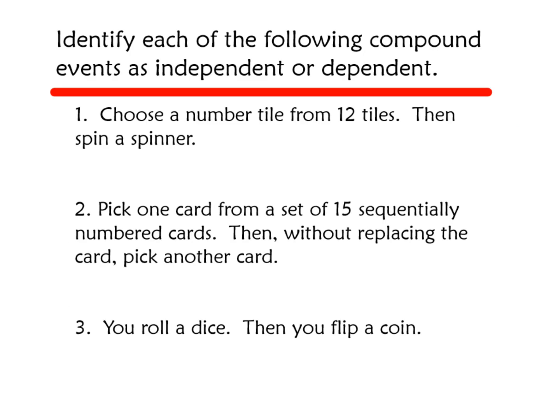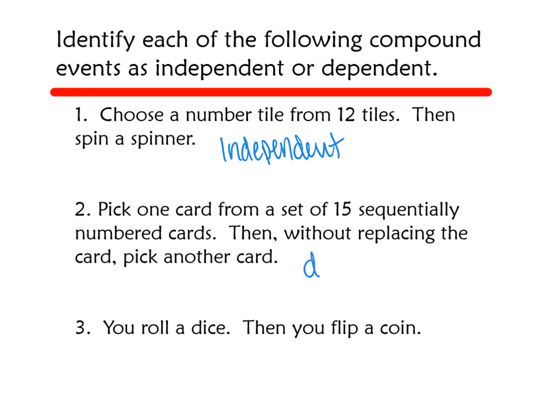So we're just going to quickly look at three examples here just to decide if they're dependent or independent. First one: choose a number tile from 12 tiles, then spin a spinner. The number tiles have no impact on the spinner, right? So these are independent events. The next one says, pick one card from a set of 15 sequentially numbered cards, then without replacing the card, pick another.